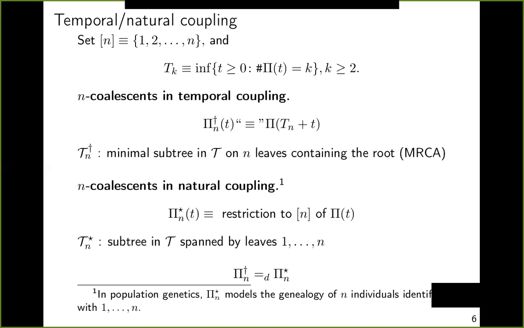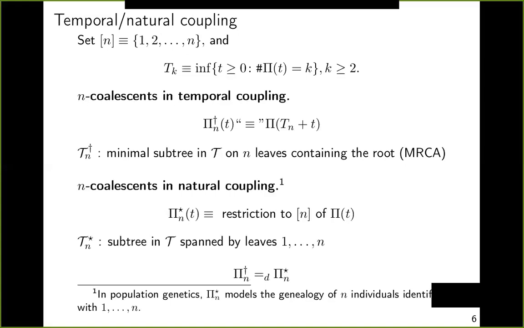And this is nothing but the minimal subtree in the coalescent tree on n leaves that contains the root. On the other hand, we might also restrict the coalescent pi to n. And this process we call pi n star. And again, the pi n star induces the subtree in the coalescent tree spanned by the leaves 1 up to n.